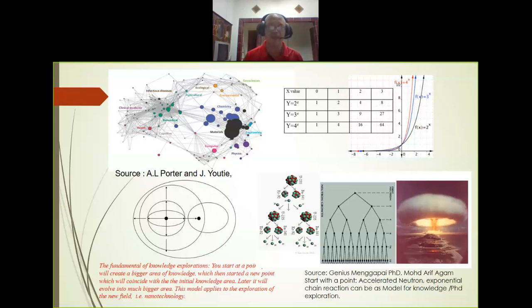And just like the mind map, you start with one point. If you go to this side, you will stumble on this boundary. Or if you go to the upper part, you will stumble on this boundary. Or if you go to this side, you stumble at the left side, or going to the below side. So that is what happens in knowledge exploration.